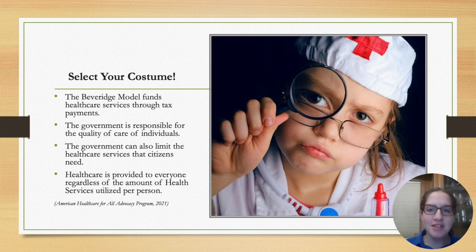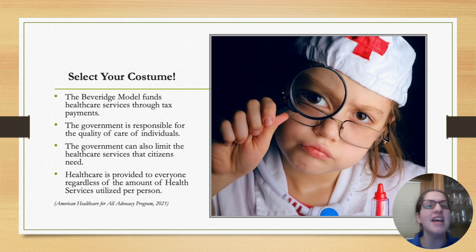As you're picking out your costumes, I am going to give a background on the Beveridge model payment structure to set the background. So the Beveridge model funds healthcare services through tax payments, according to the American Healthcare for All Advocacy Program 2021. The government is responsible for the quality of care and can even limit healthcare services, according to the American Health Care for All Advocacy Program 2021.